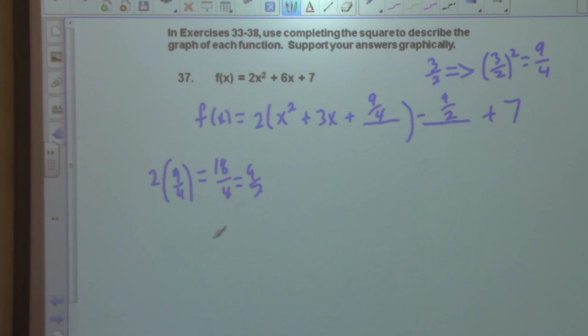Okay, we're ready to rewrite our equation here? Yes, we are. f(x) equals 2, and what's our perfect square? x plus, it's going to be half of this, 3/2, squared, and then we have to adjust this thing here. So say minus 9/2. How many halves do we have in 7? 14. 14 halves. So negative 9 plus 14, that's 5 halves, right?